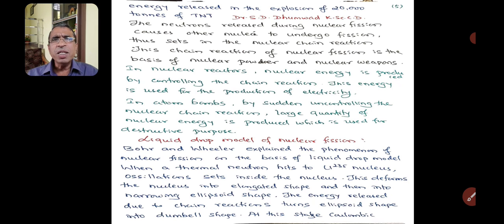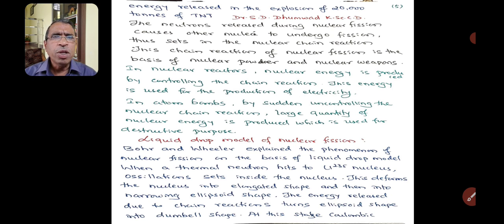Now let us study how exactly nuclear fission takes place. Various theories have been proposed for this, and one of them is known as the liquid drop model of nuclear fission. Bohr and Wheeler explained the phenomenon of nuclear fission on the basis of the liquid drop model.